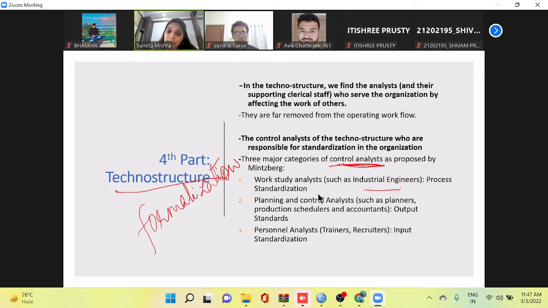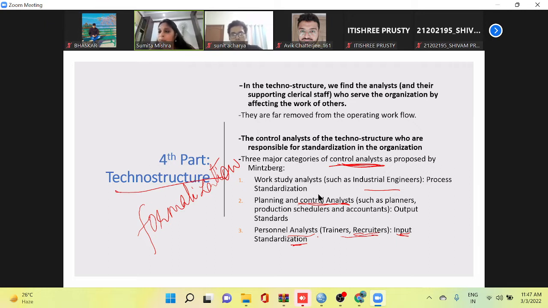Then we have planning and control analysts such as planners, schedulers, and accountants who are responsible for output standardization. Then we have personnel analysts like trainers and recruiters who are responsible for input standardization. So, input, throughput, and output standardization is all the responsibility of the technostructure.